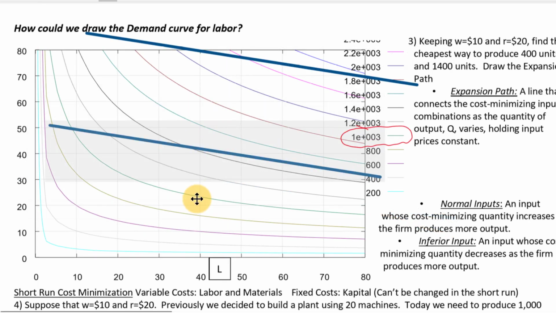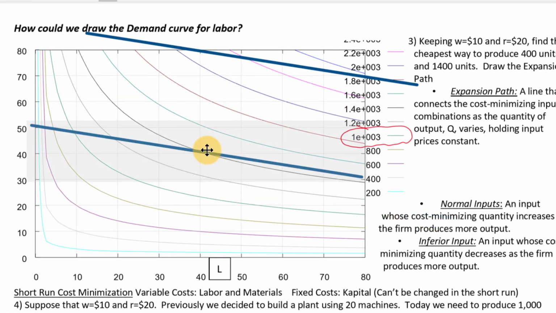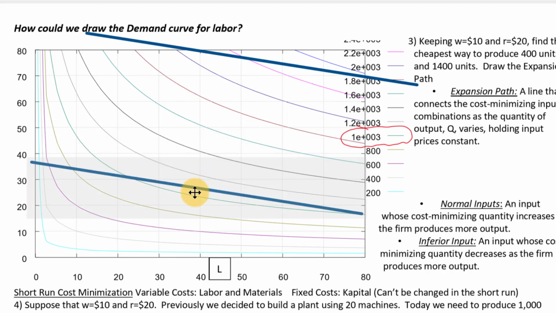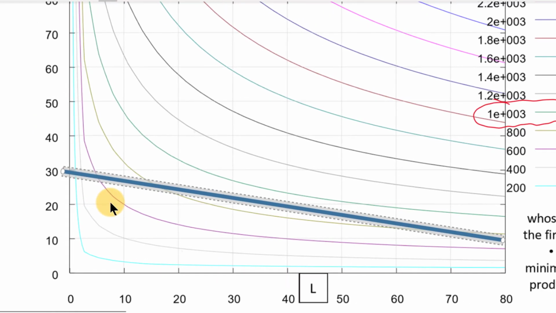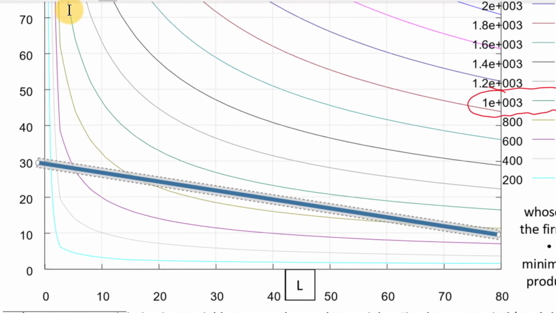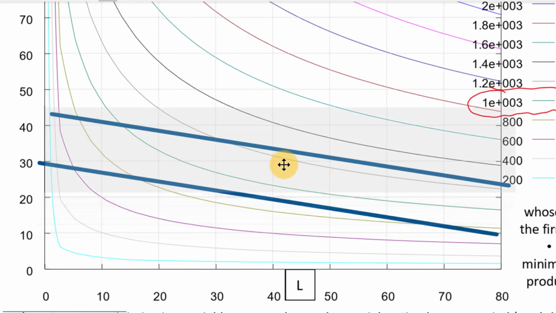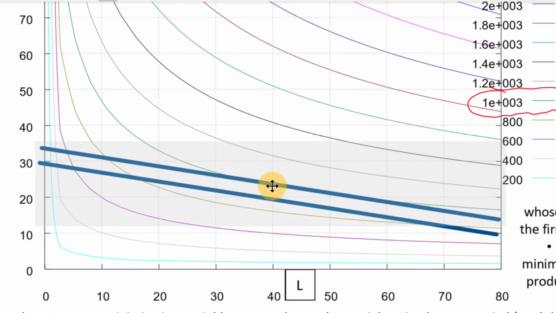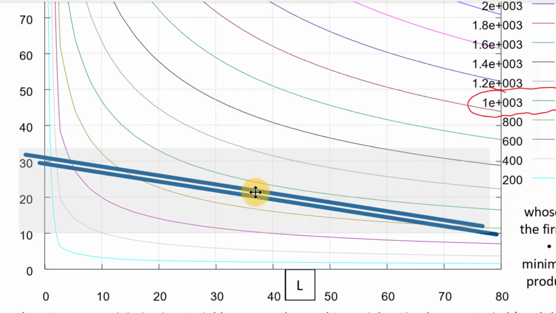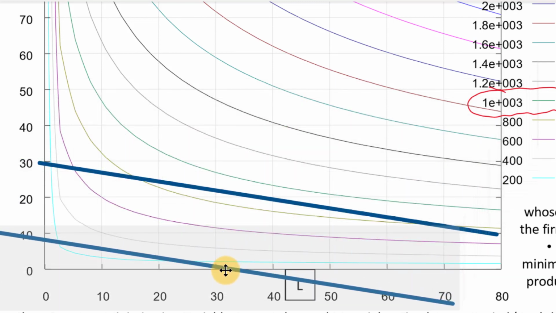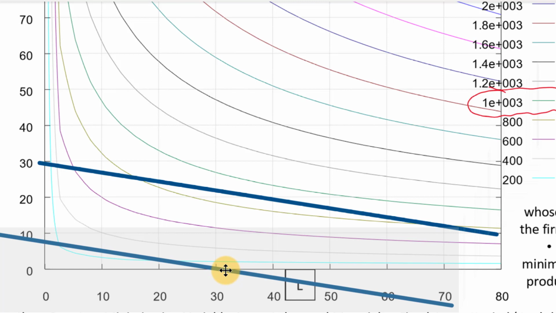So we can just drag it around anywhere, keeping the same slope. And so what we want to do is look at our green Isoquant here. Let me zoom in nicely so we can see that. So look at our green Isoquant, and we want to move this Isocost around until it's just barely tangent, because as we move this Isocost lower and lower and lower, that means we're using less and less labor and capital, and our cost is going down.